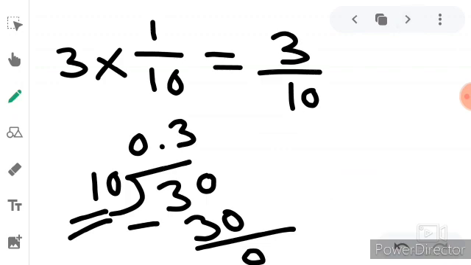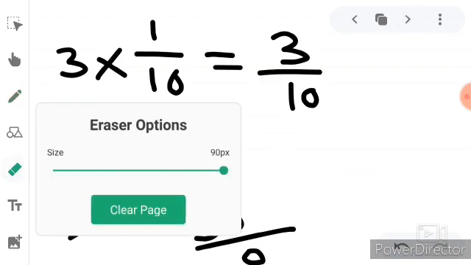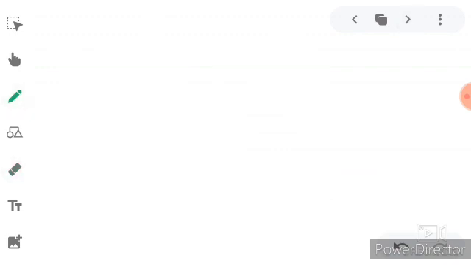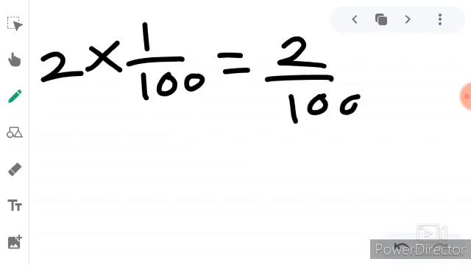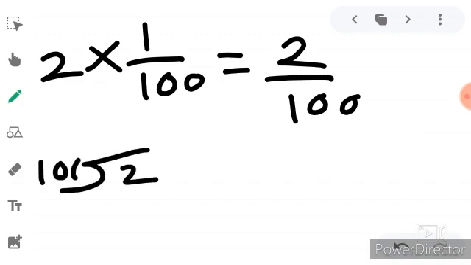Okay. So here we are going to find out the value of 2. 2 multiplied by 1 upon 100, because 2 is present at which place? Hundredths place. So 2 divided by 100. So let's divide 2 by 100.